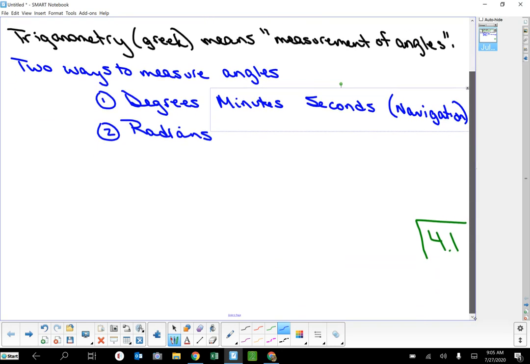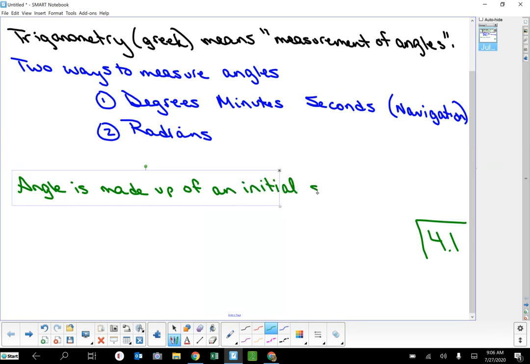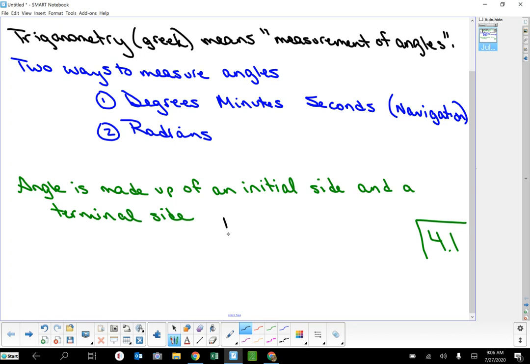Another couple things that you need to know about angles is that an angle is made up of an initial side and a terminal side. And often we're going to be drawing these on a coordinate plane where the initial side is always the positive x-axis.